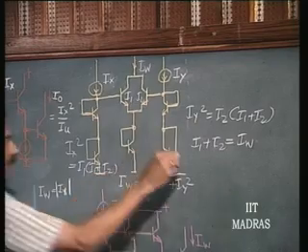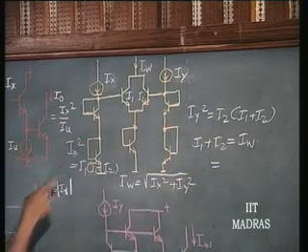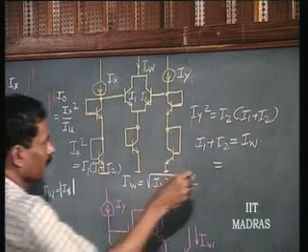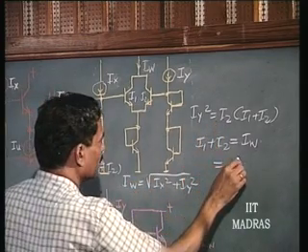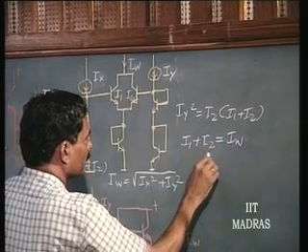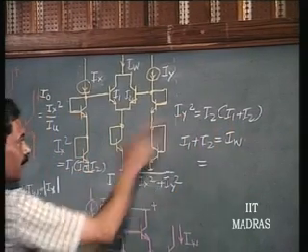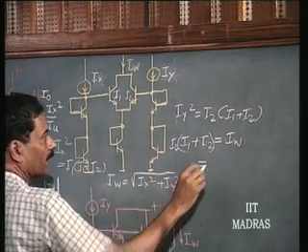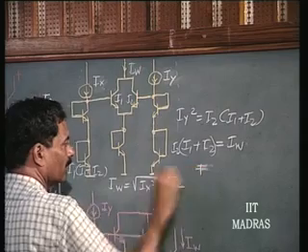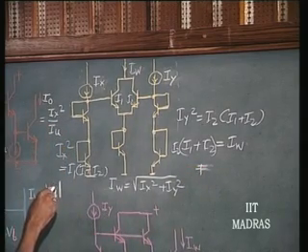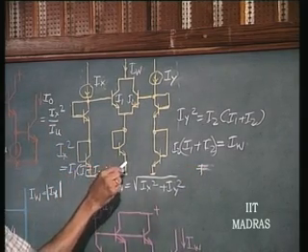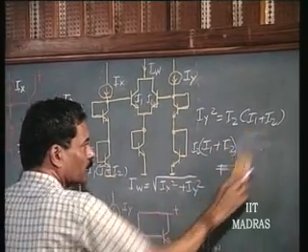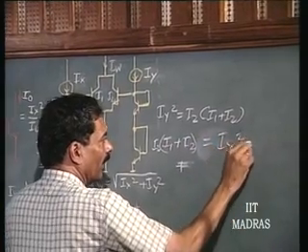So, let us see, you just add these two, Ix squared plus Iy squared.